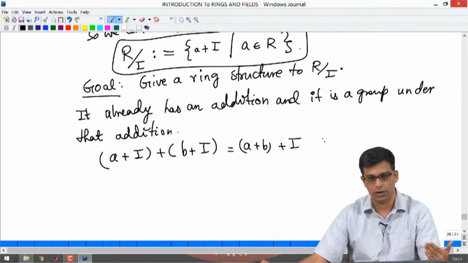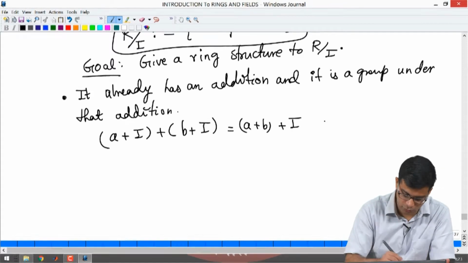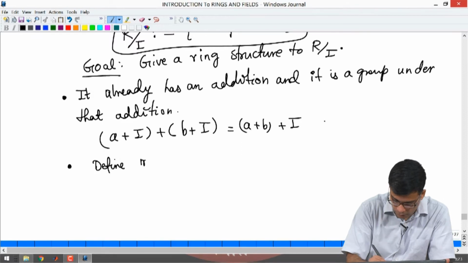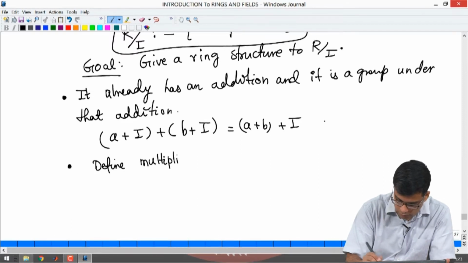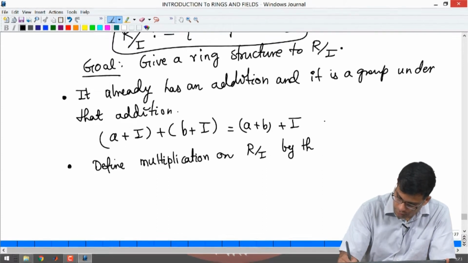What I now want to do is define multiplication. So, this is a group. Define multiplication by the following.